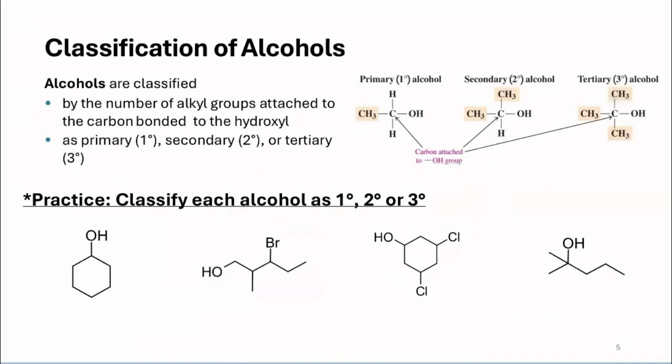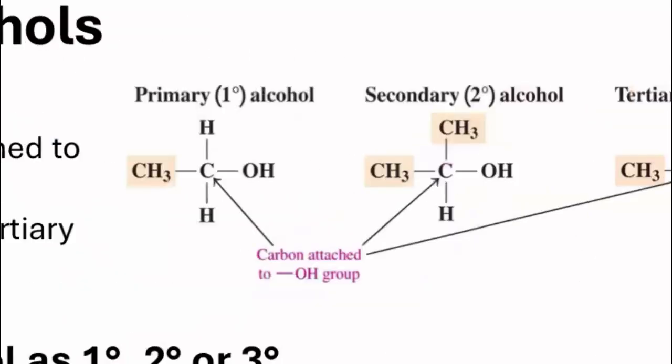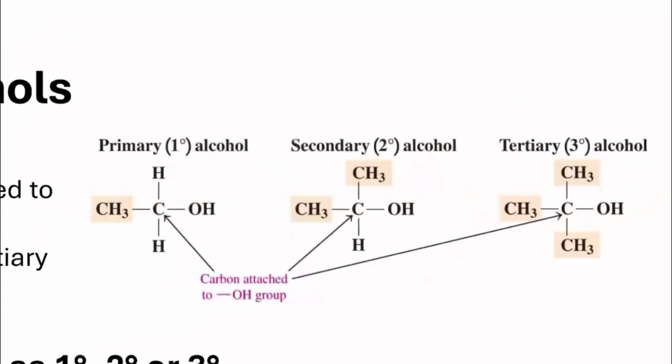Additionally, alcohols can be classified depending on the carbon chains that are attached to the carbon that is holding the OH. We can see a primary alcohol, which means that the carbon holding the OH is attached to one carbon chain.